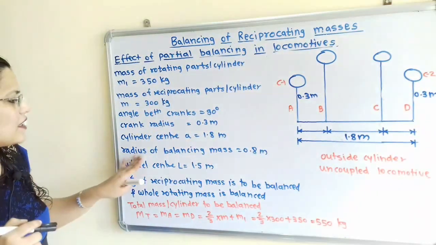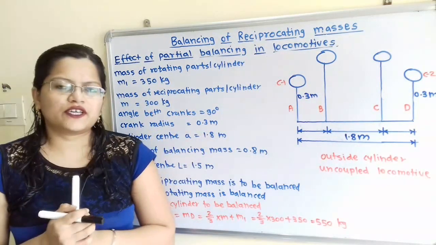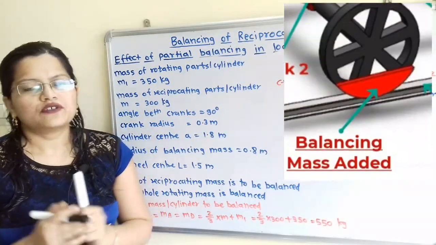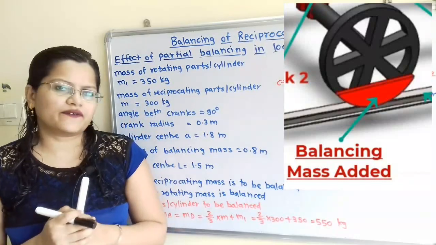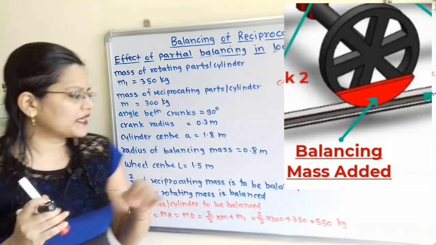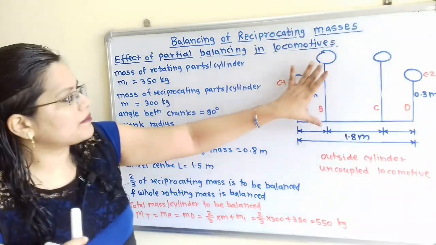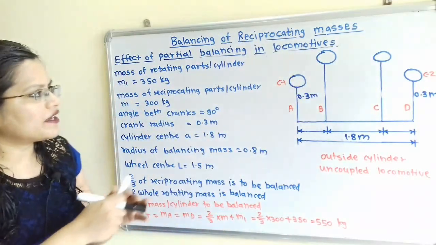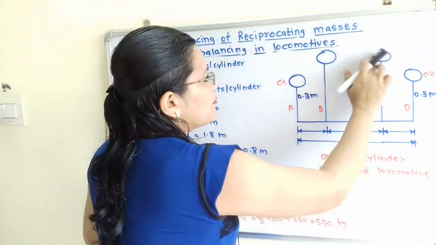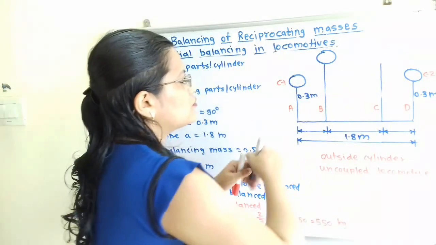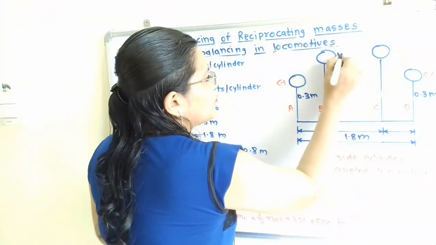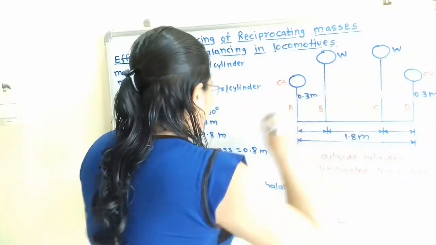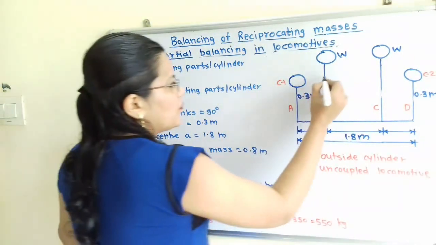Then radius of the balancing mass 0.8 meter. So we know that the balancing mass are provided on the wheels. So we have to mention this radius of balancing mass for these wheels. So here at the inside both are the wheels, that is W and W. So radius is mentioned 0.8 meter.